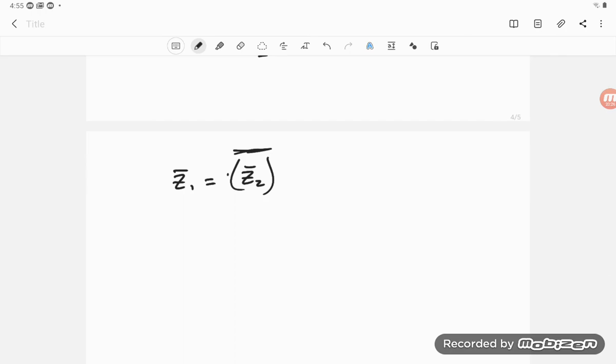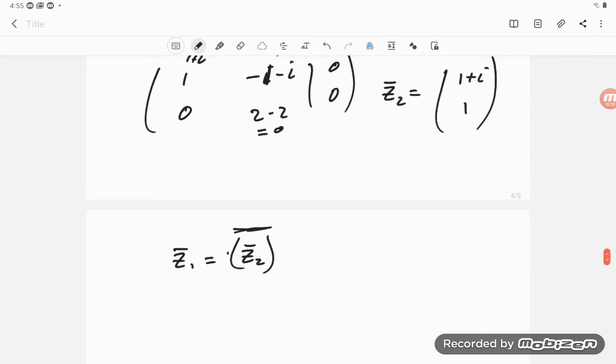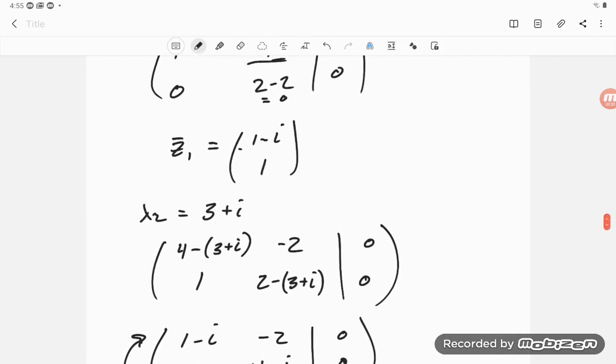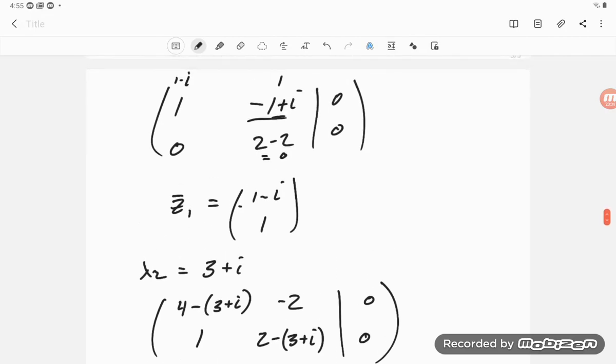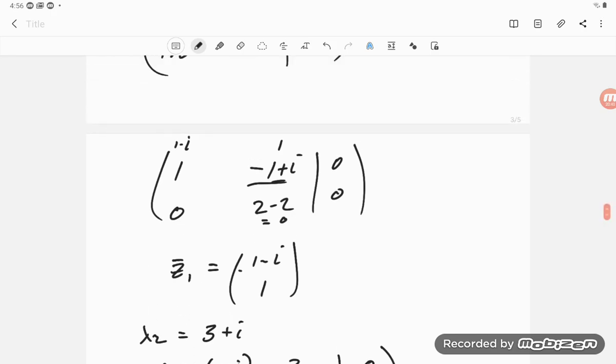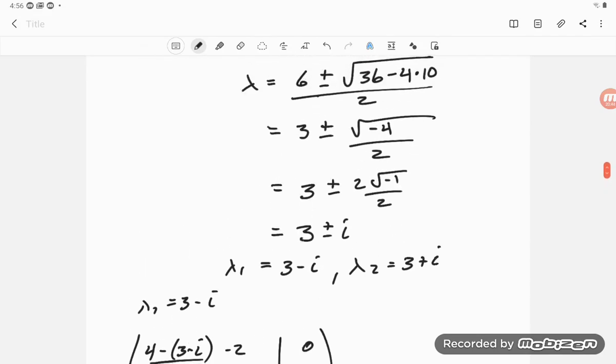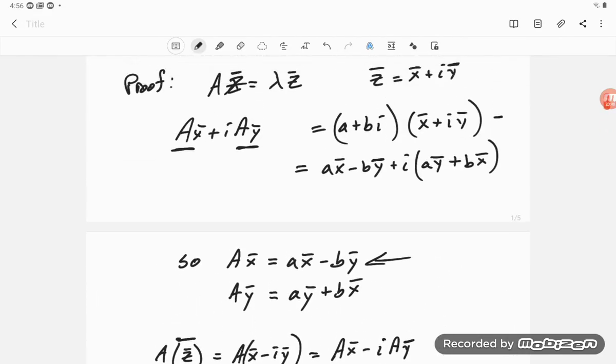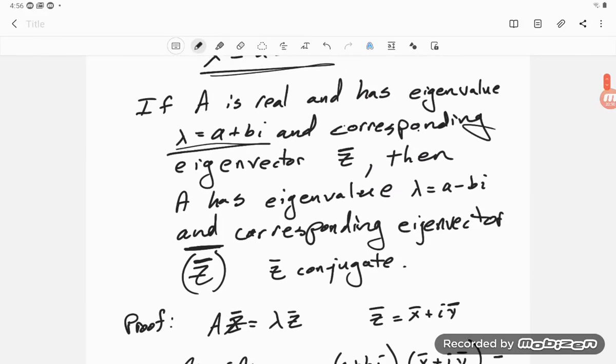So that's a pretty nifty result, that all I have to do is get the eigenvector for one of the two conjugate pairs, and then I know the other one. I just take its conjugate. Okay, so that's a theorem that is not in the text, but I think that's a kind of a cool theorem, so I wanted us to see that. So this complex conjugate idea with the eigenvectors. Okay, so that's our theorem.